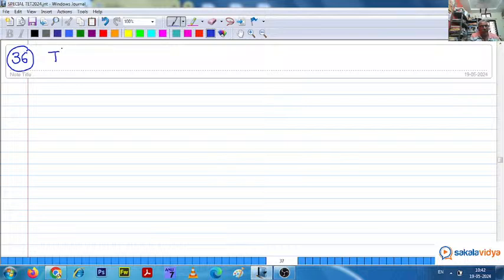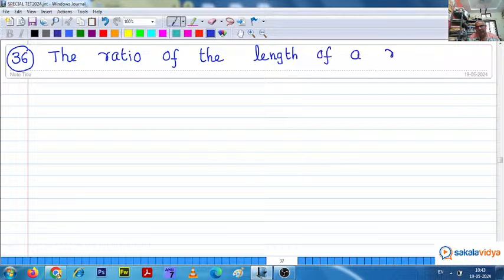The ratio of the length of a rod and its shadow is √3:1.